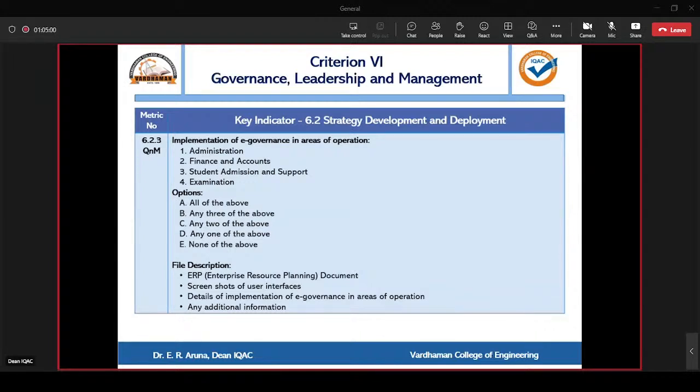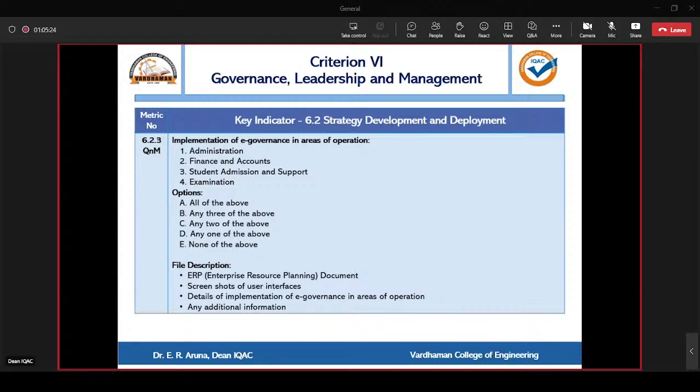Here, the e-resources we are going to use in the college should be listed. At the same time, we have to provide screenshots of those e-resources' user interfaces. Whatever e-resources we have bought to implement this e-governance should be reflected in audited statements. Those are the proofs for this QnM.